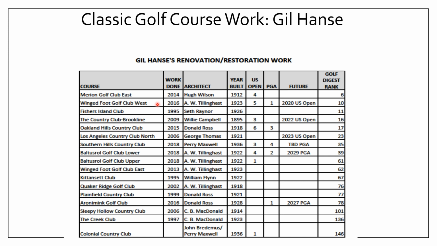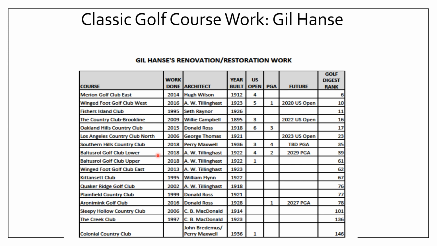Merion East, Hugh Wilson, Winged Foot West, Tillinghast, Fishers Island, Raynor, Country Club of Brookline, Campbell, Oakland Hills, Ross, L.A. Country Club North, George Thomas, Southern Hills, Perry Maxwell, again, a kind of a sister golf club. He's done work on Perry Maxwell golf courses.